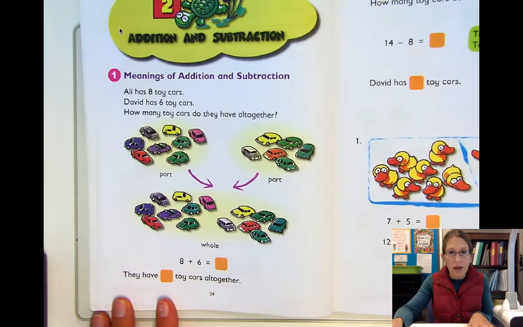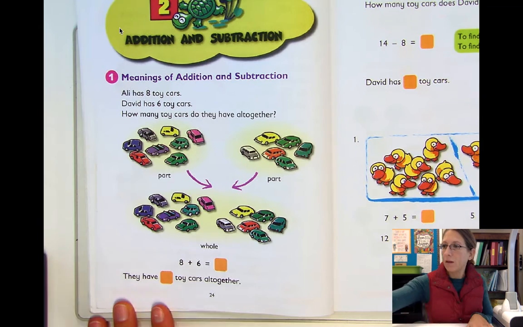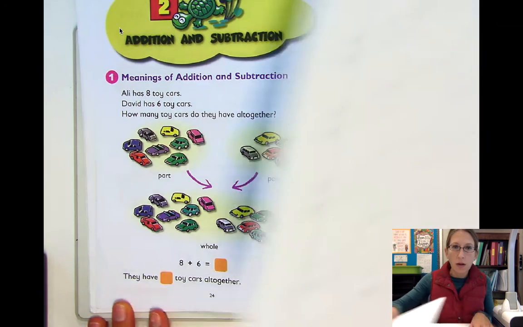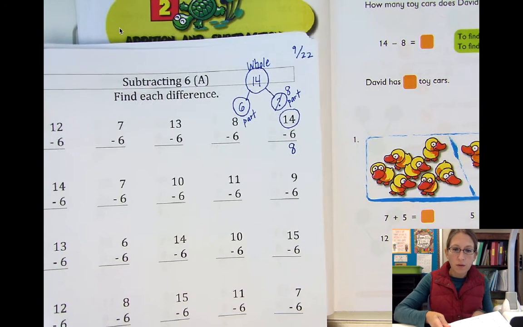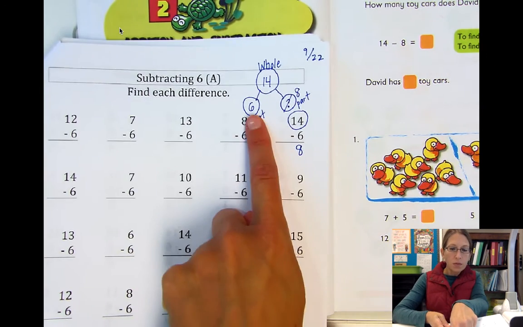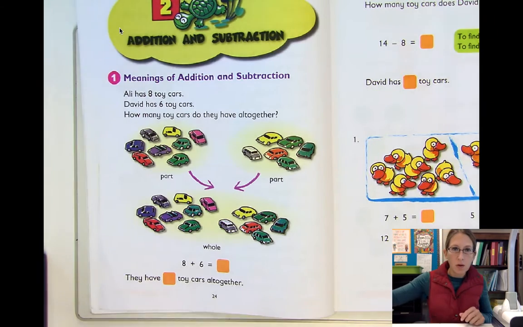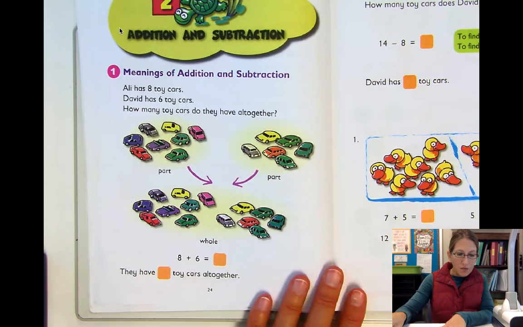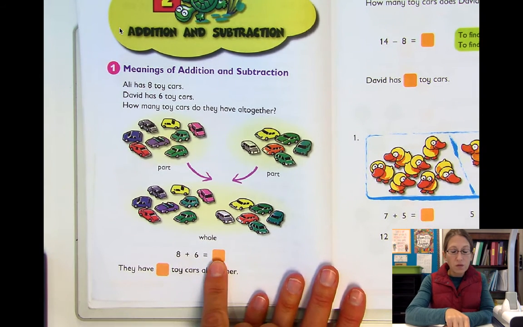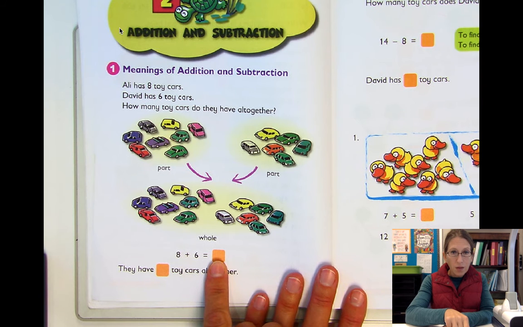And then we know that 8 plus 6 is 14. Hey, we were just practicing that fact, weren't we? On our fact practice. 8 plus 6, 14. All right. And if we know that 8 plus 6 is 14, then we know a few other facts also.